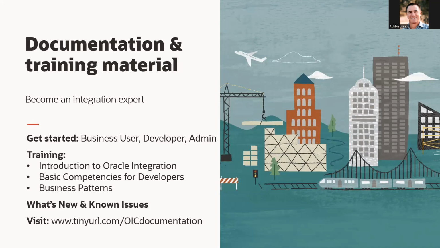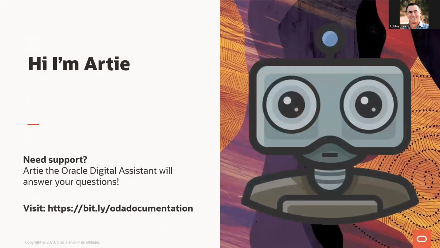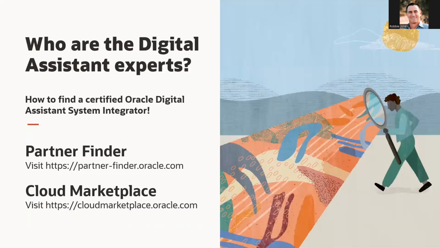There is training material as part of the documentation for introduction and for different roles. If you have questions, you can always ask the digital assistant, and on the documentation page on the lower right, you'll find Arti, and Arti can tell you if he speaks German or Swabian.